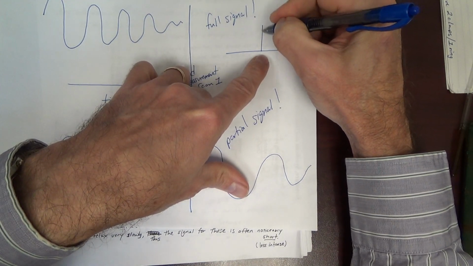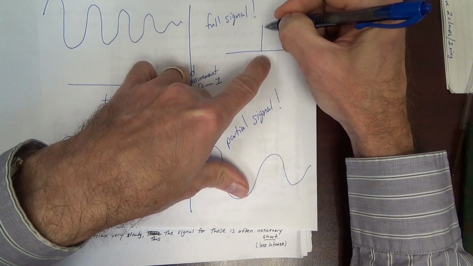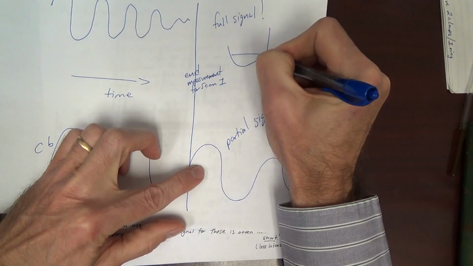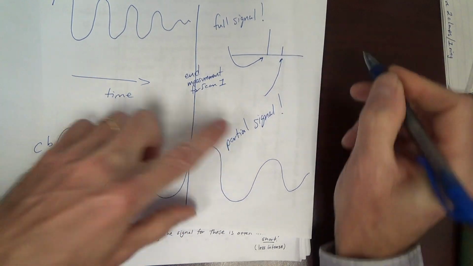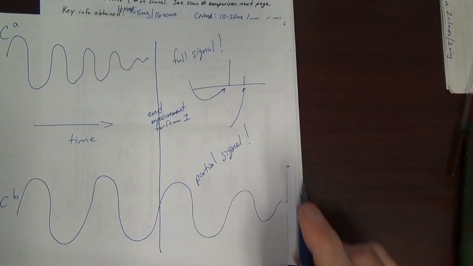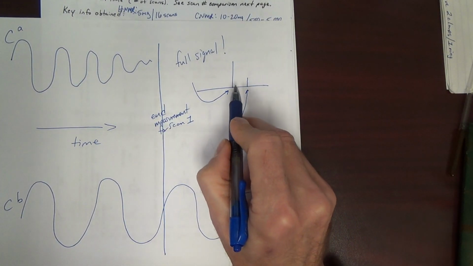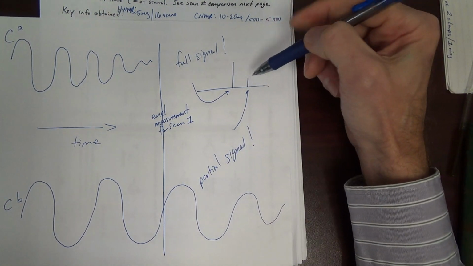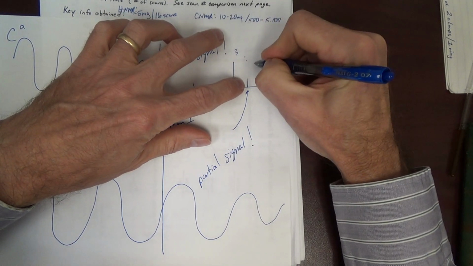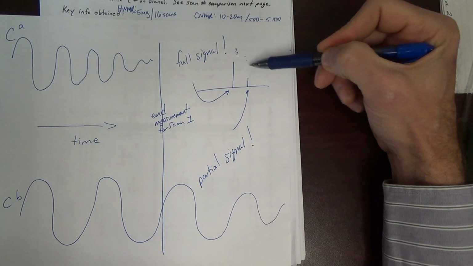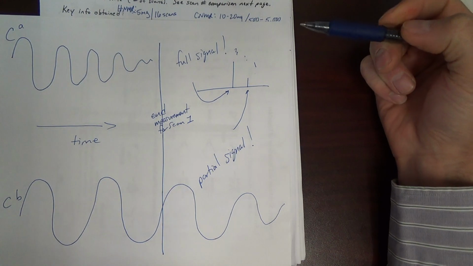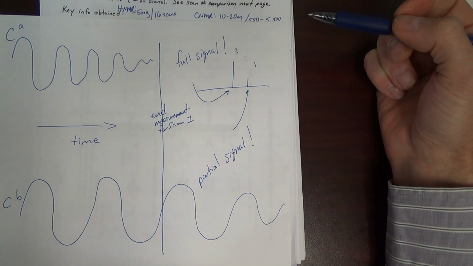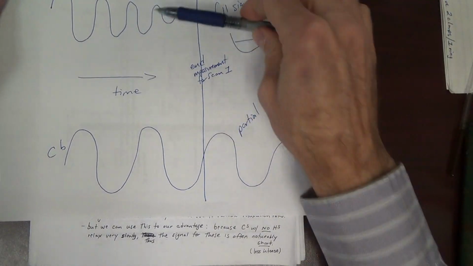There is area under this curve. And the other one may look like this. Full signal, partial signal. But they're both one carbon. And if you integrated this, it might be a 3-to-1 ratio. And you would say, well, that's 3 carbons and this is 1? No. In proton, yes, that works, but not in carbon NMR because of different relaxation rates.